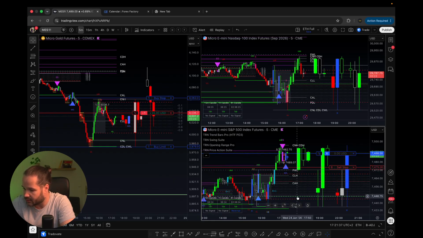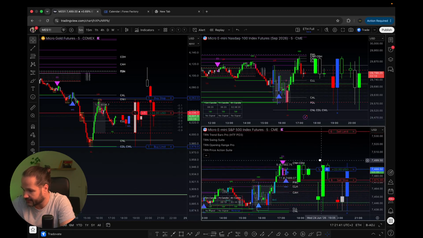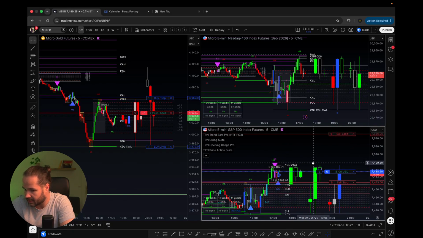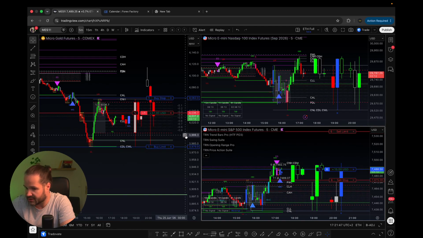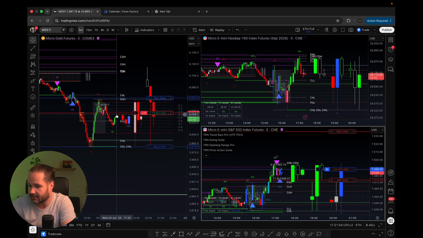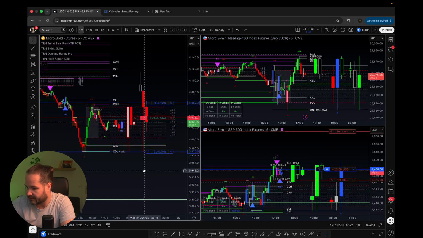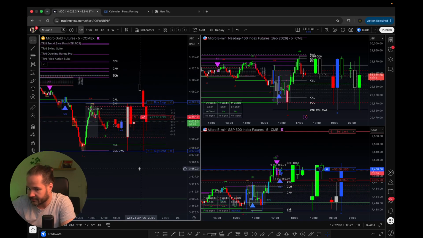This might turn into an uptrend now. So I'm fine with my decision to enter long here. And I'm still short on gold, so my profits are getting eaten up right now. But that's fine.